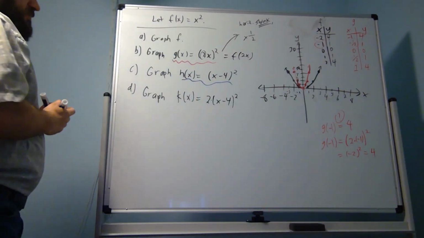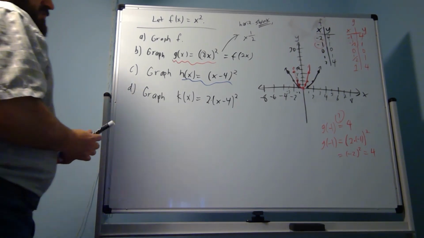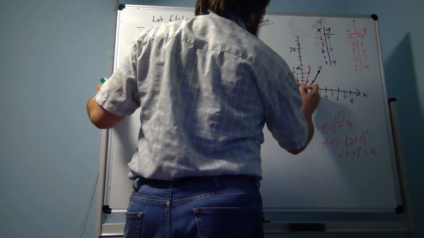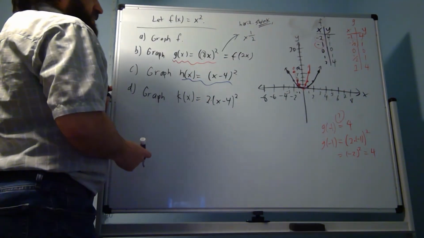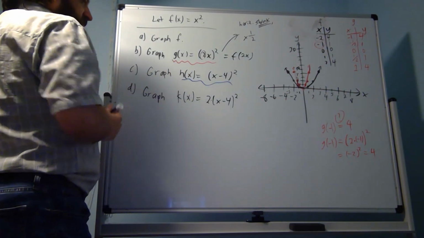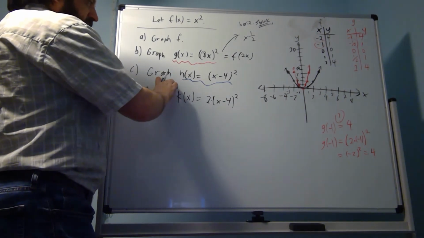All right, so I don't want to go too deep into this. You could explore the numbers. You could take every ordered pair that I'm going to draw here, and you can verify that h of x does exactly what I say it does here. So what happens?